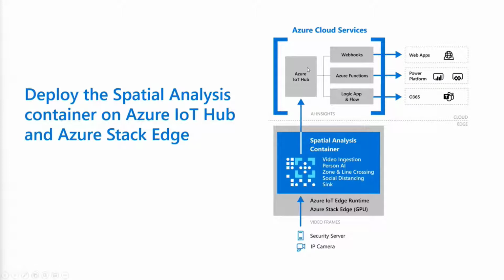Of course, when you work with the Azure portfolio, you can enable things like webhooks. You can create Azure Functions. We can work with Logic Apps to generate alerts and so on. And of course, bring the integration to the next level, connecting with web apps or the Power Platform, for example O365, or even Power BI, to generate, analyze, and collect all these insights. Okay.